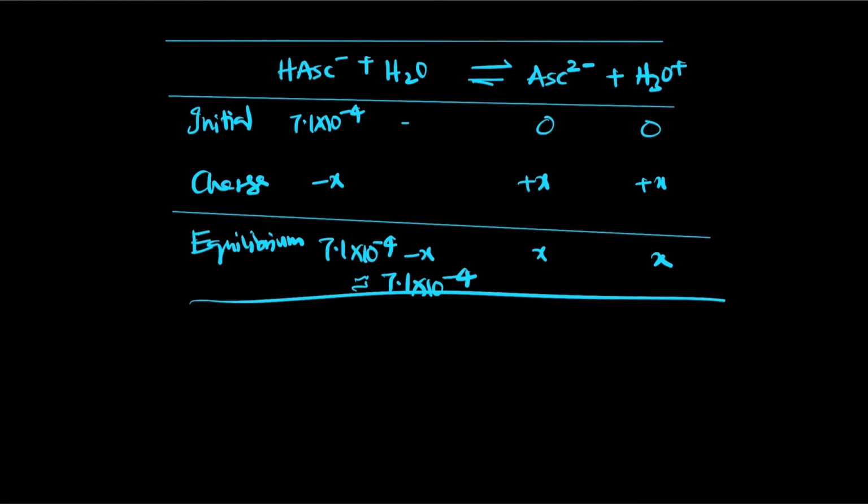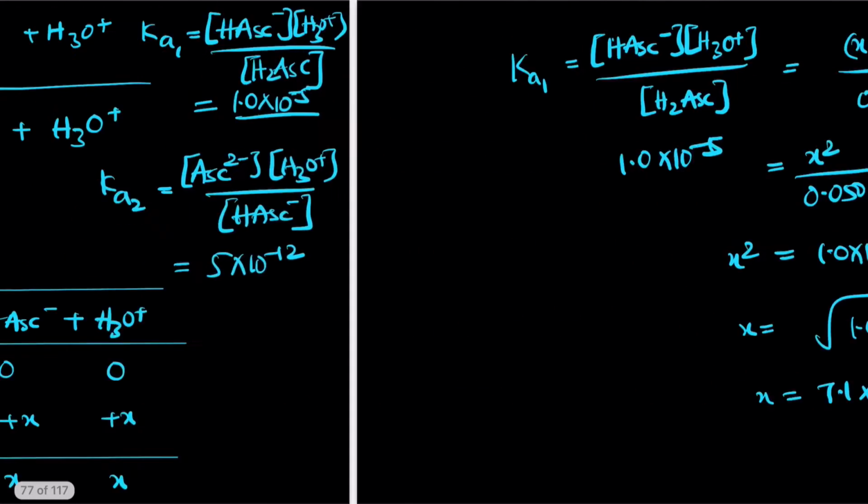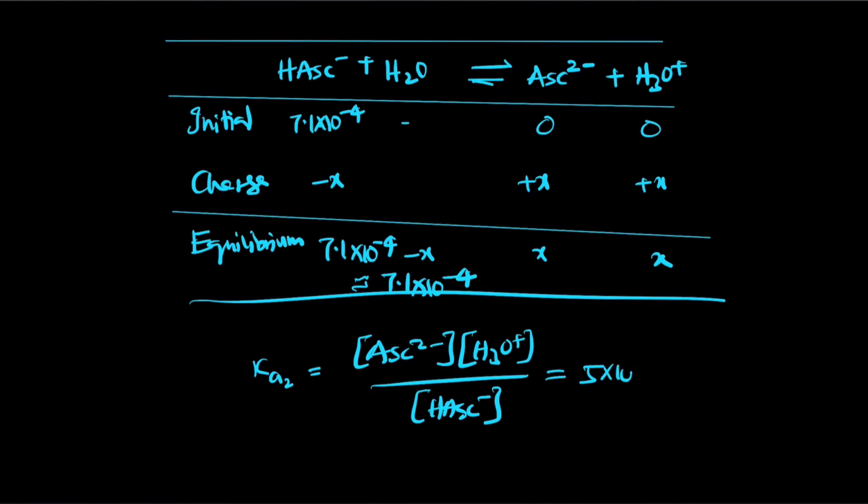Now let's consider the Ka2 equation, which is ASC2 minus times H3O plus divided by HASC minus, which is also equal to 5 times 10 to the power negative 12. So x times x divided by 7.1 times 10 to the power negative 4 is equal to 5 times 10 to the power negative 12.